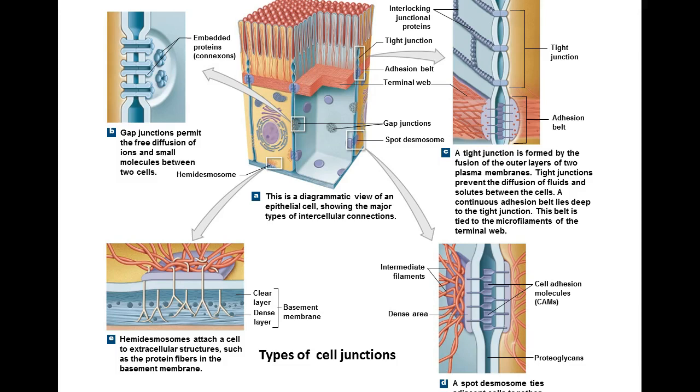And then down on the bottom left, so we've talked about everything more or less, you have what's known as a hemidesmosome. A desmosome is an area where you have a connection that allows the cell to have some flexibility, some stretch, so the epithelial tissue is found in places like the bladder of the urinary tract.